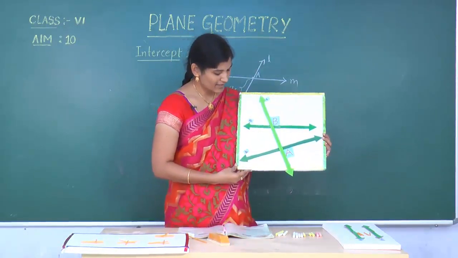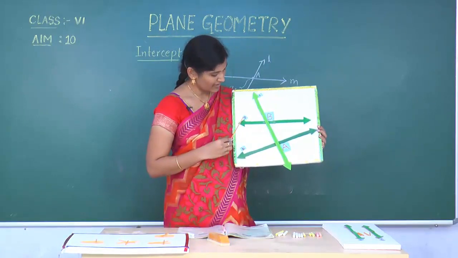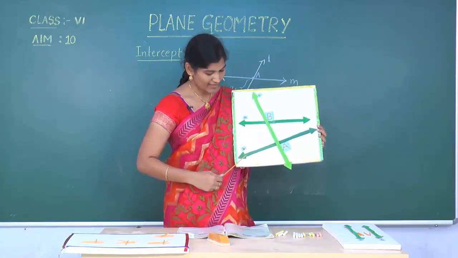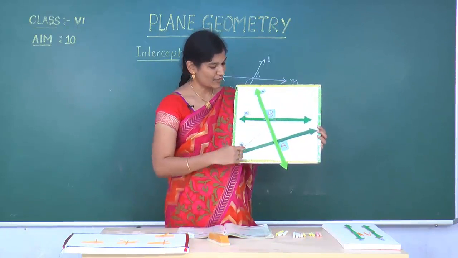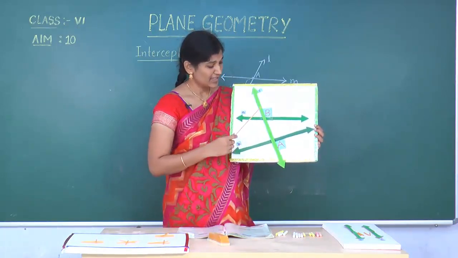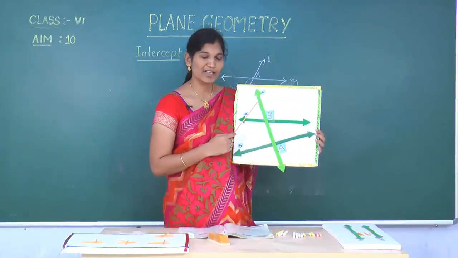First, see this figure, and here I have two lines, which is small a line and this is the small b line, and here I have one more line which is small c. And can you say c is the transversal?